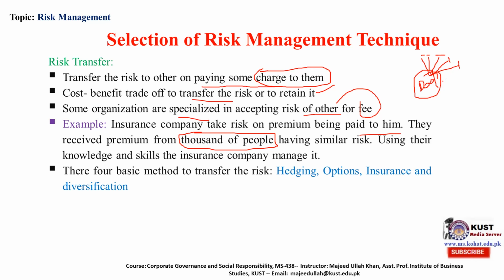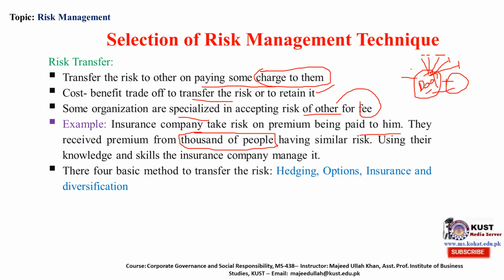So maybe in 1,000 there are only 10 people who face any accident or any mishap. So the insurance company will pay the claim to these 10 people out of, let's suppose, 100,000, which is a tiny or very little amount that the company can manage.